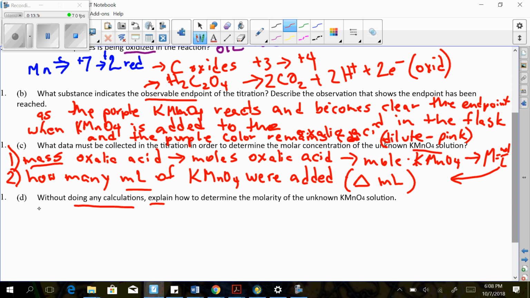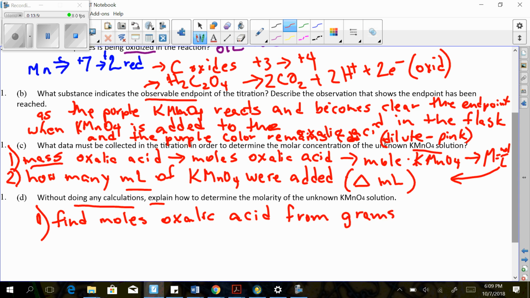So step one, find the moles of the oxalic acid from the grams using the molar mass.